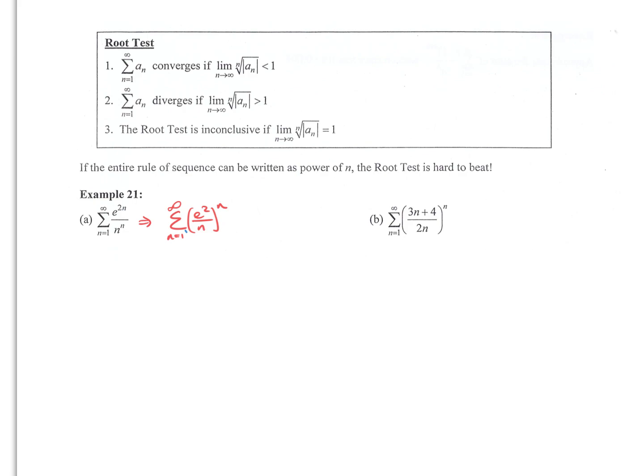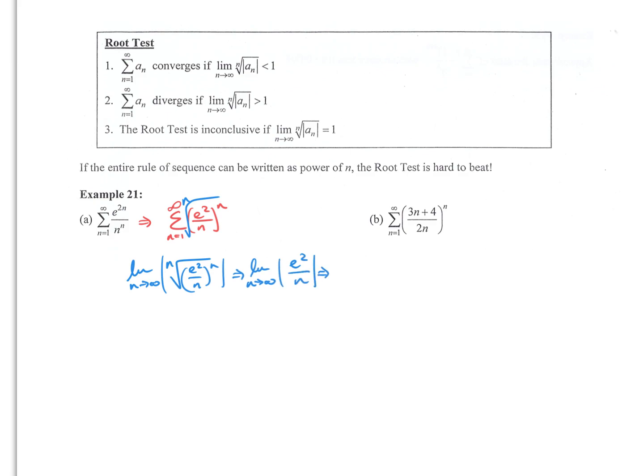All right, and so when we nth root it, now I have a limit as n approaches infinity of the nth root of e squared over n to the n. And so what am I left with? e squared over n. So now I have a limit as n approaches infinity of e squared over n.